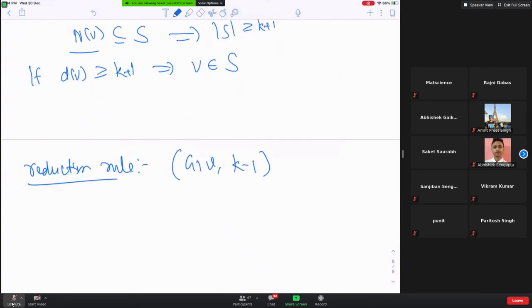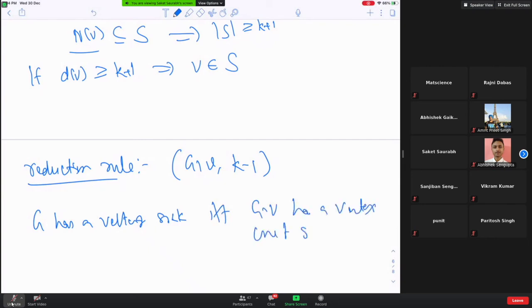So G has a vertex cover of size at most K if and only if G minus V has a vertex cover of size at most K minus 1. So this is a reduction rule, right?